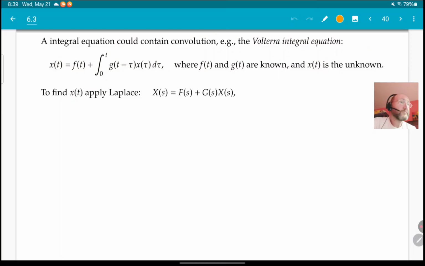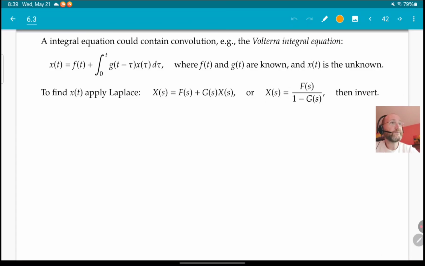So we can apply Laplace, and we get capital X over here, then capital F, and this convolution just becomes a product, capital G times capital X. And so we can just solve for capital X, and then we invert.